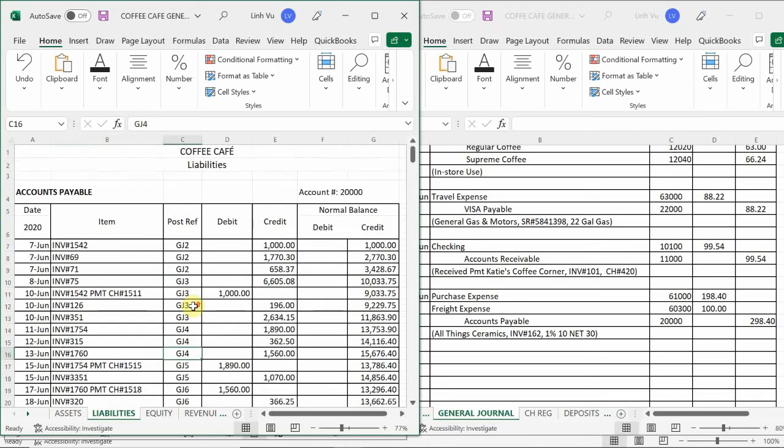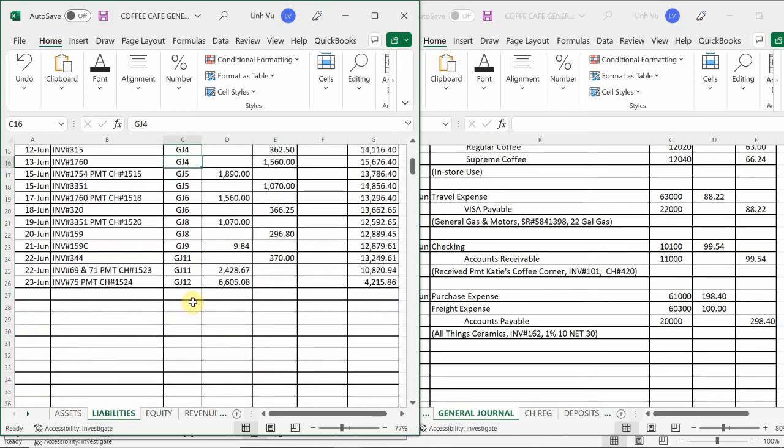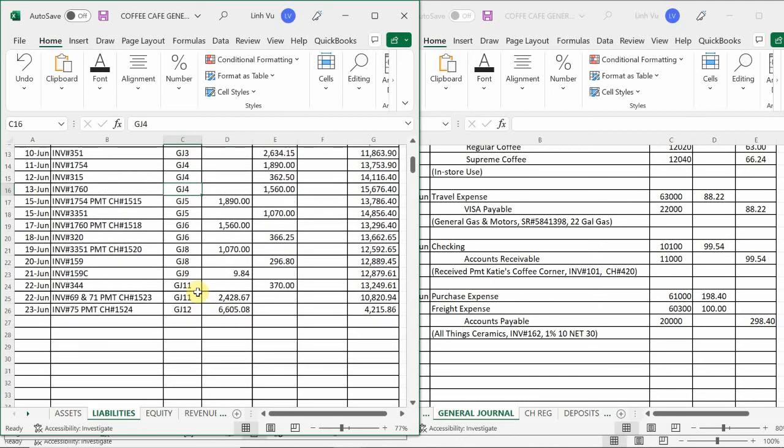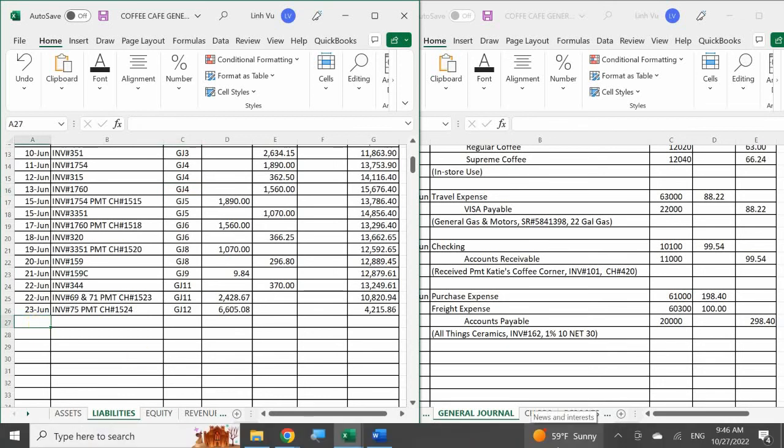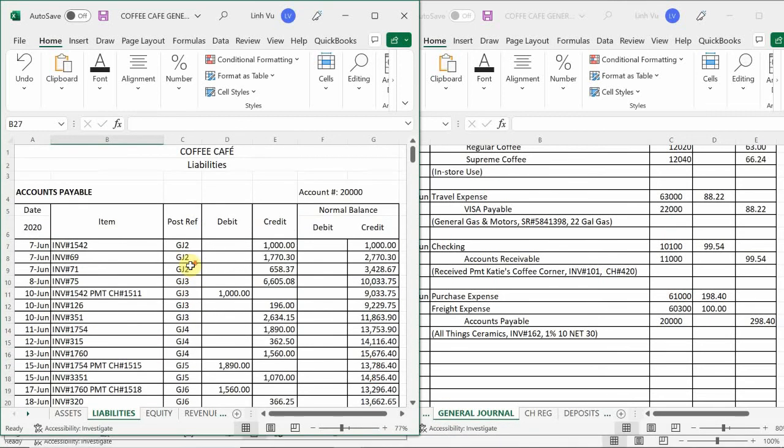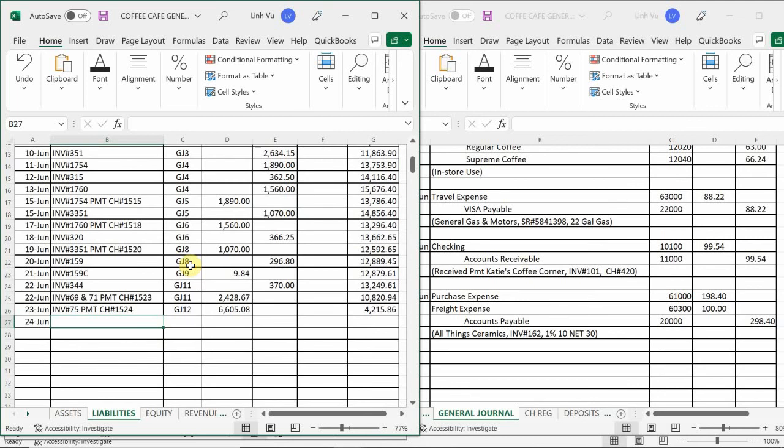And accounts payable, it's going to be 298.40.